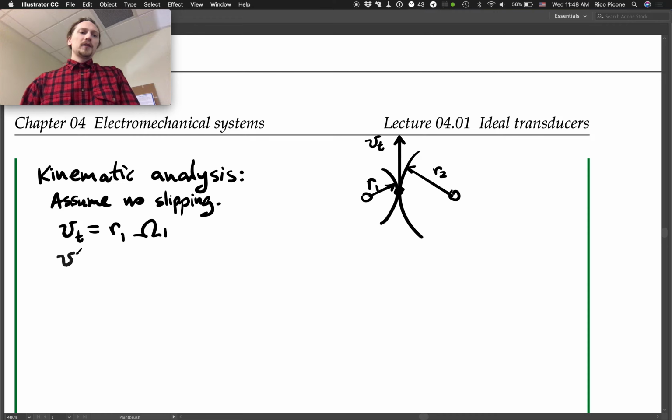And you can also say for the other one, it's the same thing. We need to have a positive direction here, right? Let's do that for positive. So R1 omega 1, good. Vt is going to be R2 omega 2, but the direction of omega has to be the other way, so it's negative R2 omega 2.